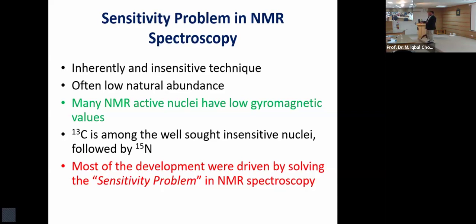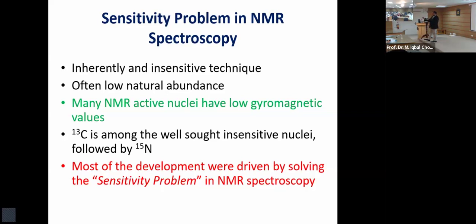So insensitivity is inherently a problem of NMR, but if it was not so useful, a long time ago it would have been buried in the scientific graveyard, like many techniques were. It was so useful: three signals, four signals, every proton is coming differently.